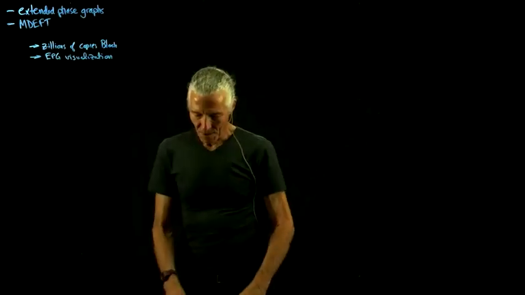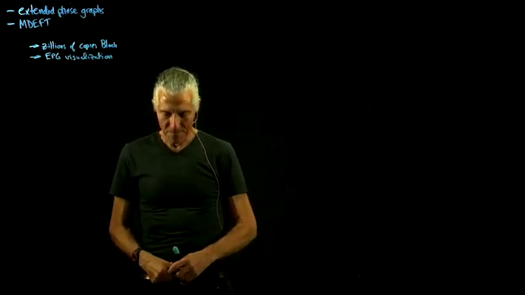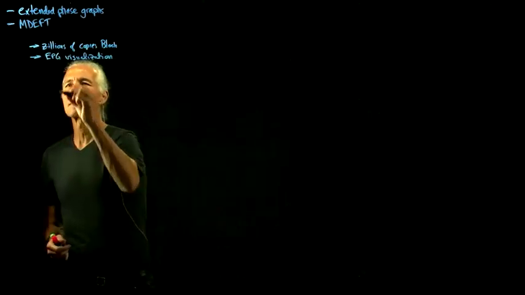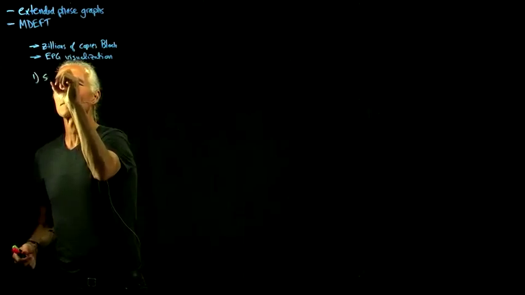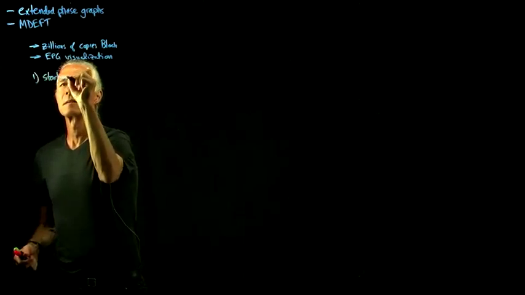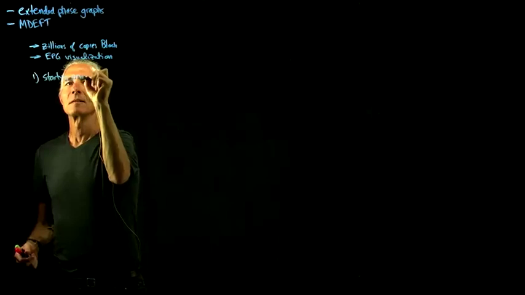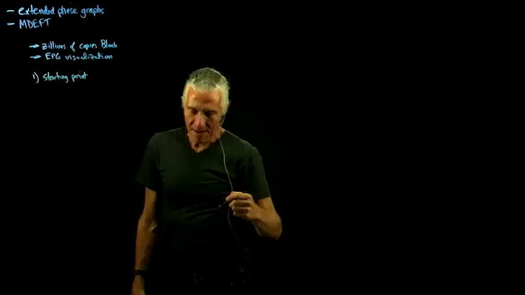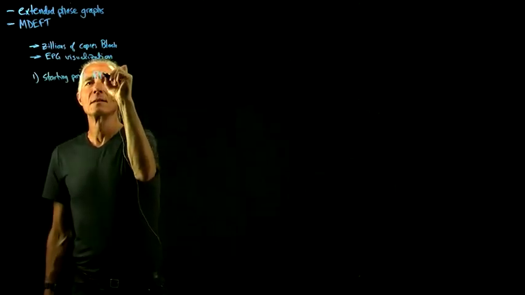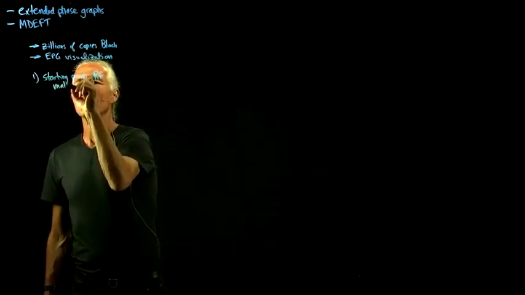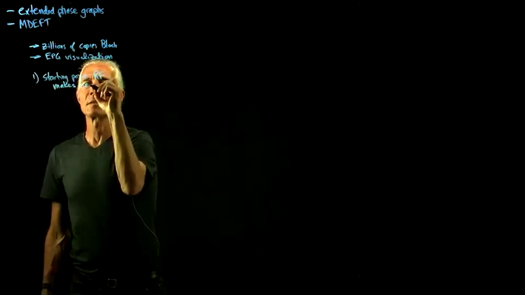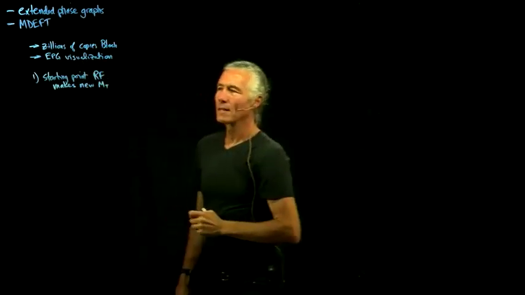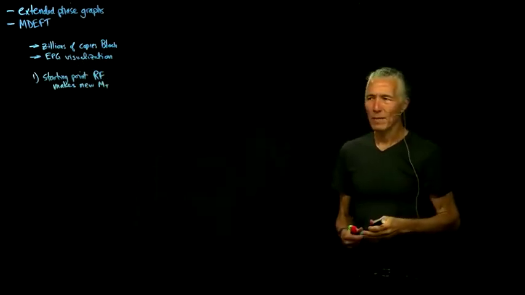So the starting point is that an RF pulse makes new transverse magnetization, MT. So if you do an RF pulse, you'll make new transverse.